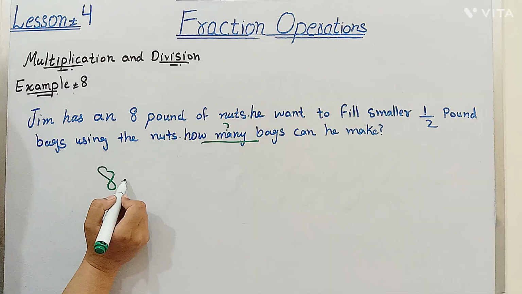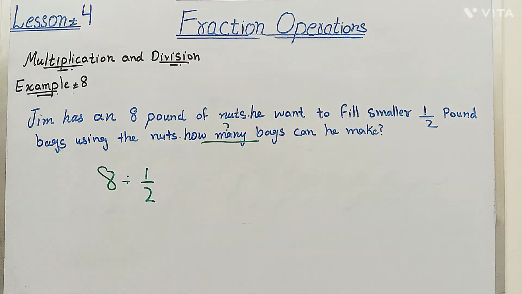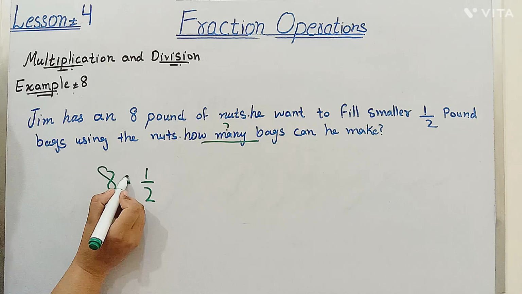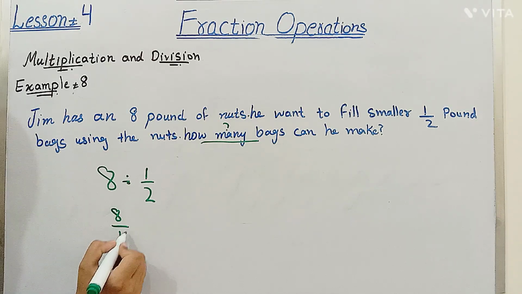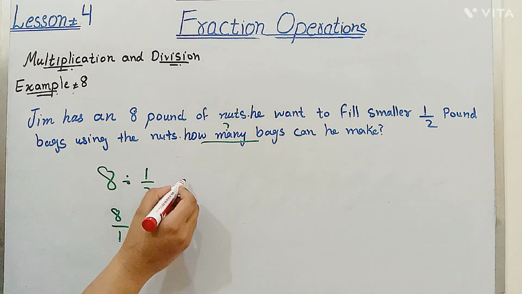This means division. Divide by 1 over 2. Firstly, how can you divide in fractions? There is 8, meaning 8 over 1, divided by 1 over 2. Firstly, we need to understand the reciprocal.